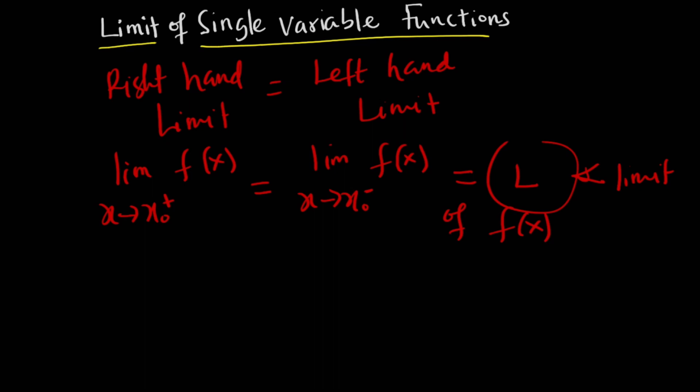And also, if we are talking of limits, we are not interested in what happens at the value that we are looking at the limit, but rather we are interested in what happens to the function as we approach that value x naught from all possible sides.